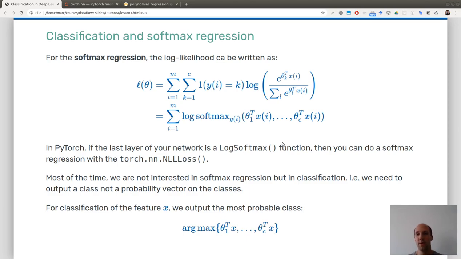If you have access to the probability, you decide which class this image belongs to by just looking at the maximum probability. So this is what is written here. If you are dealing with a linear model, you are just taking the argmax of theta1 times x, ..., theta c times x, where x is your new image, and theta1 to theta c have been learned by stochastic gradient descent doing the softmax regression.